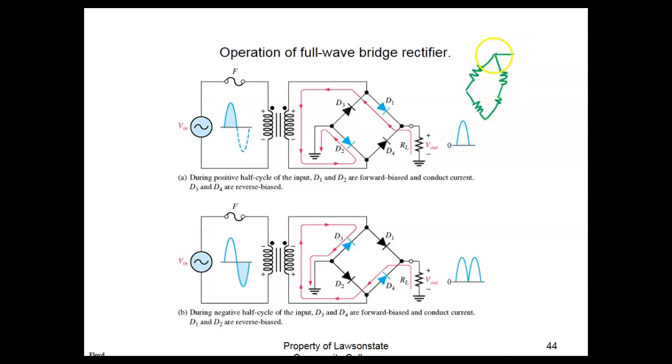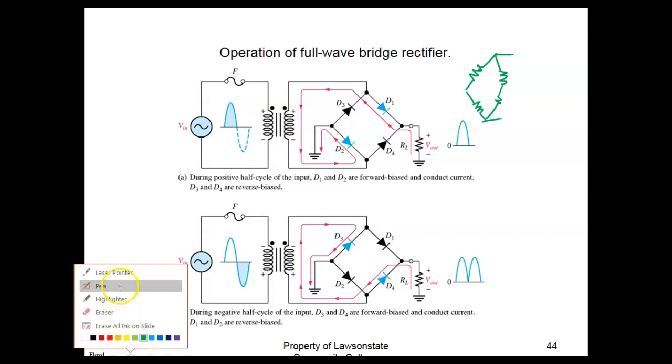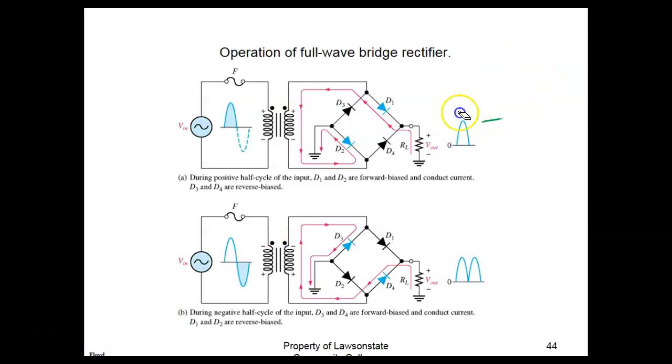And this arrangement became known as a bridge. So now everything that we do that takes that shape, we call a bridge rectifier, or we call it a bridge circuit. So this is a full wave, unregulated, unfiltered bridge rectifier circuit.